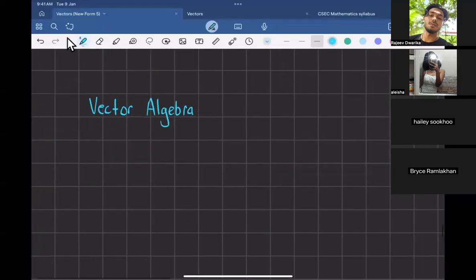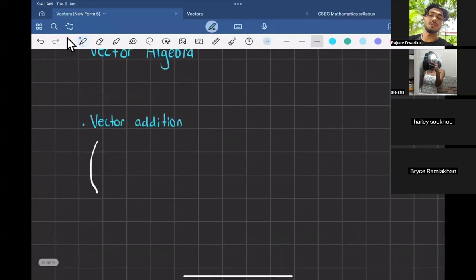So the first thing we look at is vector addition. Let me just say we have to add these two vectors. Let me just say this is A, B plus C, D. Very, very simple.